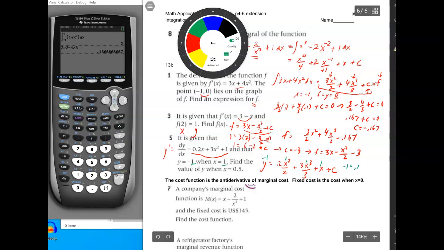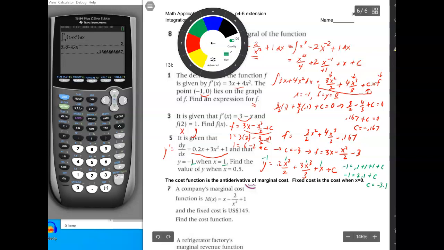And then 3 times 1 cubed divided by 3 is just 1, right? And then plus x turns into plus 1, plus c. So that would be negative 1 equals 2.1 plus c. So c is equal to negative 1 minus 2.1, which would be negative 3.1.